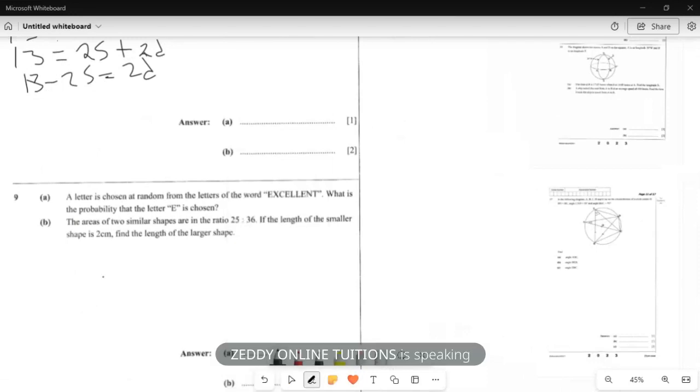So the probability of each letter here, the formula is, let's say you are given 3 green sweets. They are all green, so the color is the same. So the probability of you picking any sweet out of those green sweets... let me just say you've got 3 sweets, to make it simple.